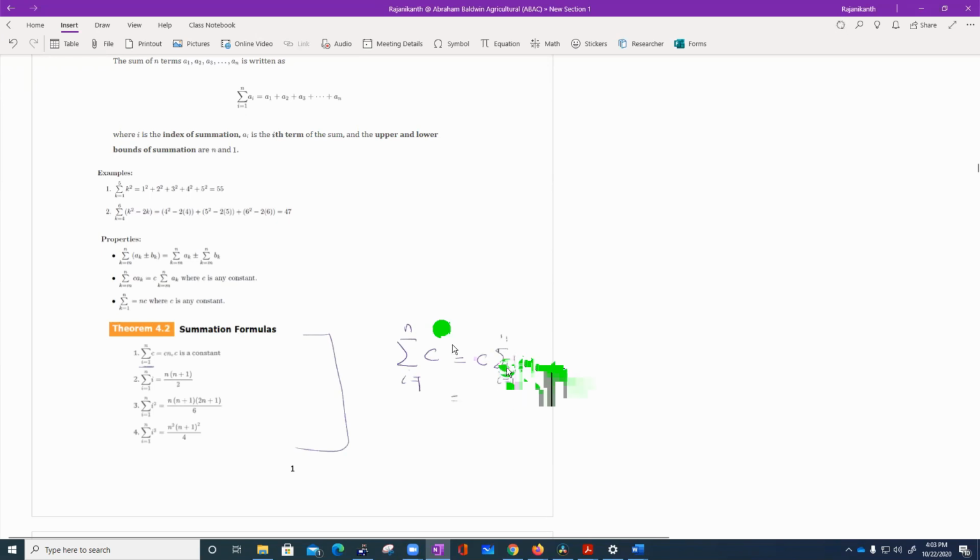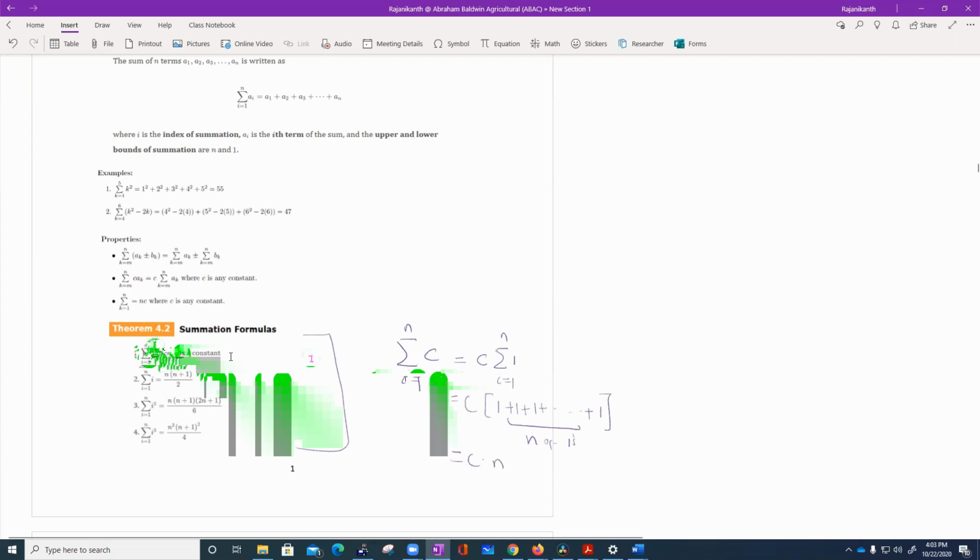That means you are adding 1 n times. So if you count this, there are n 1s, right? That is simply n. That's why the answer is c times n. So once you have a constant, the summation from i equals 1 to n is that constant times n.